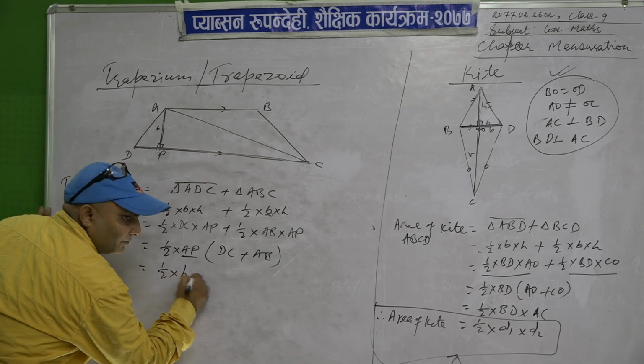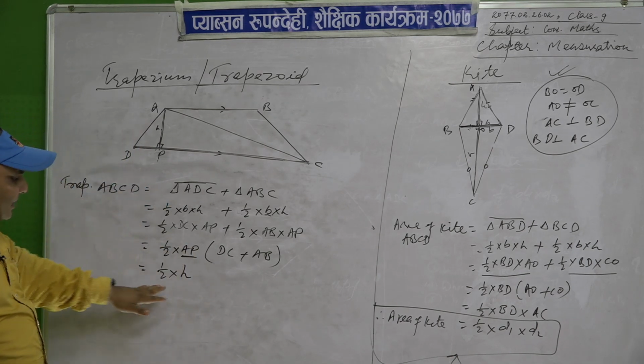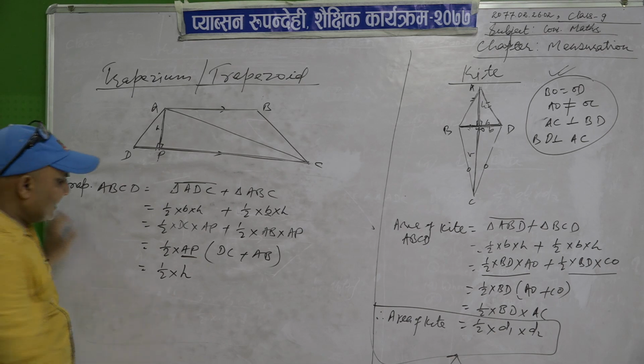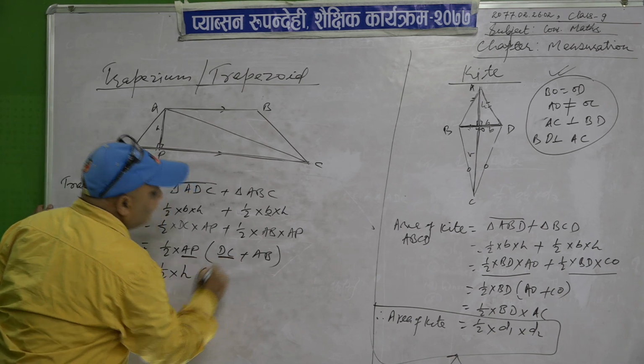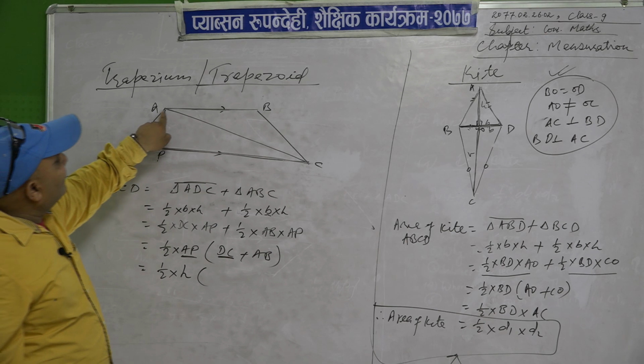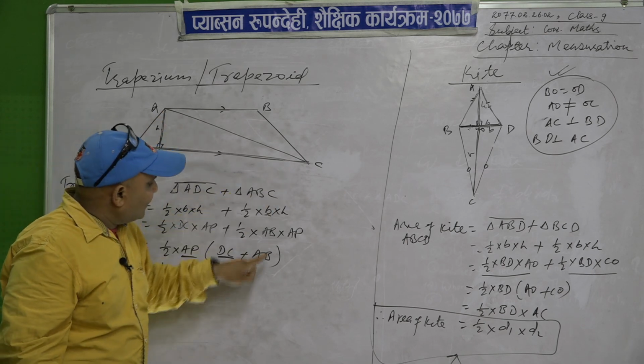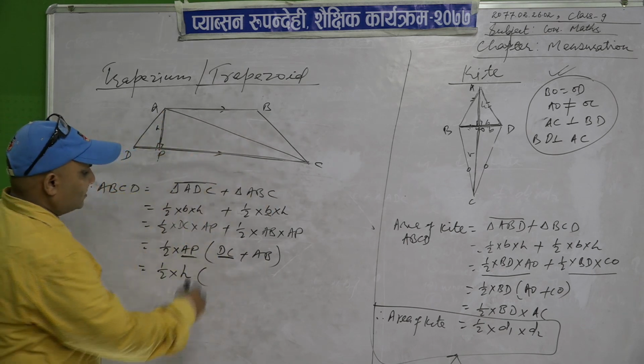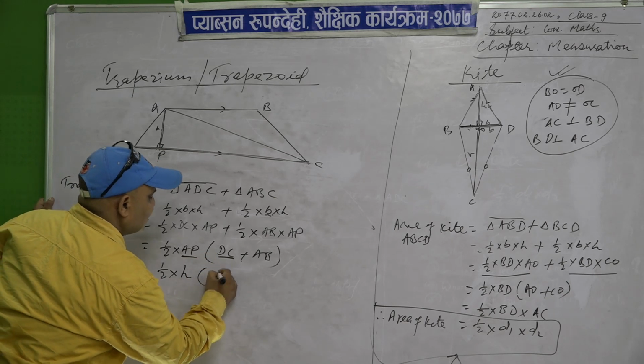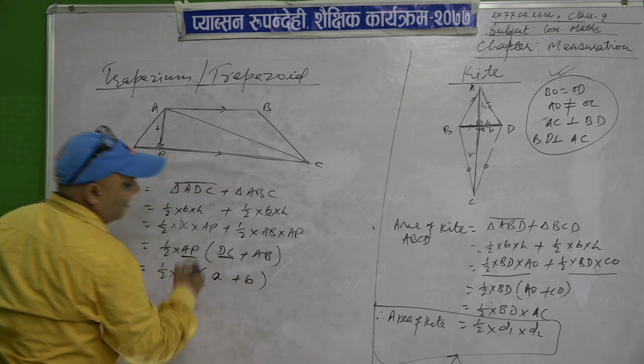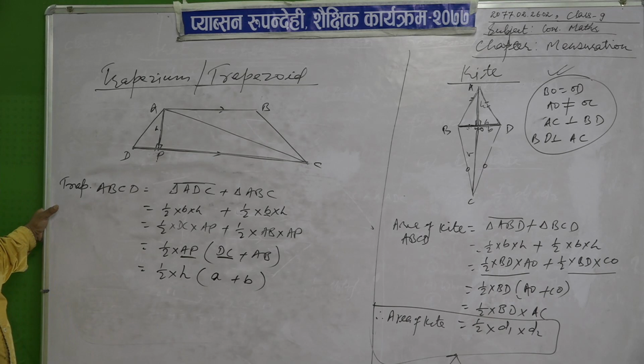In place of AP we can write height, and what is DC? DC is one parallel line, AB is one parallel line. So they are the parallel lines. We can write small a or small b, or we can write P1 or P2 also.